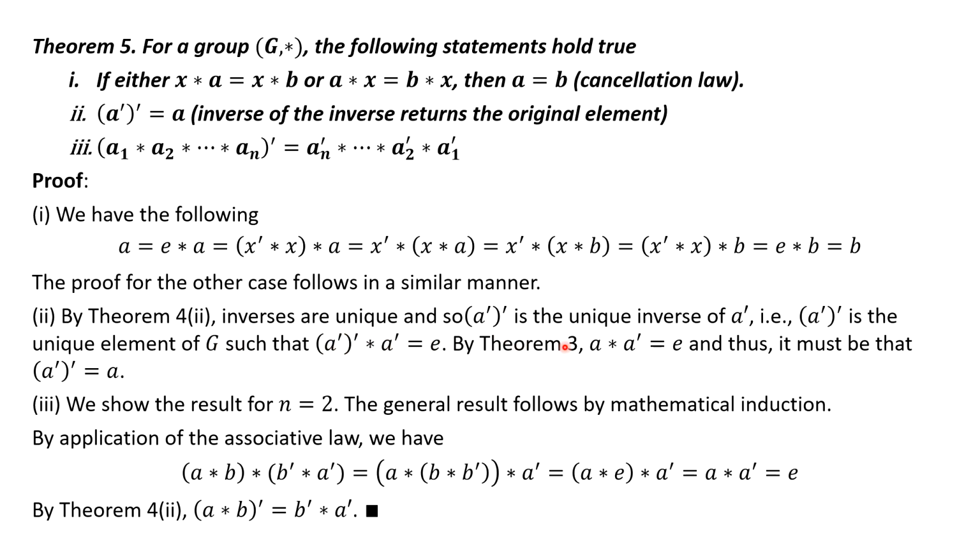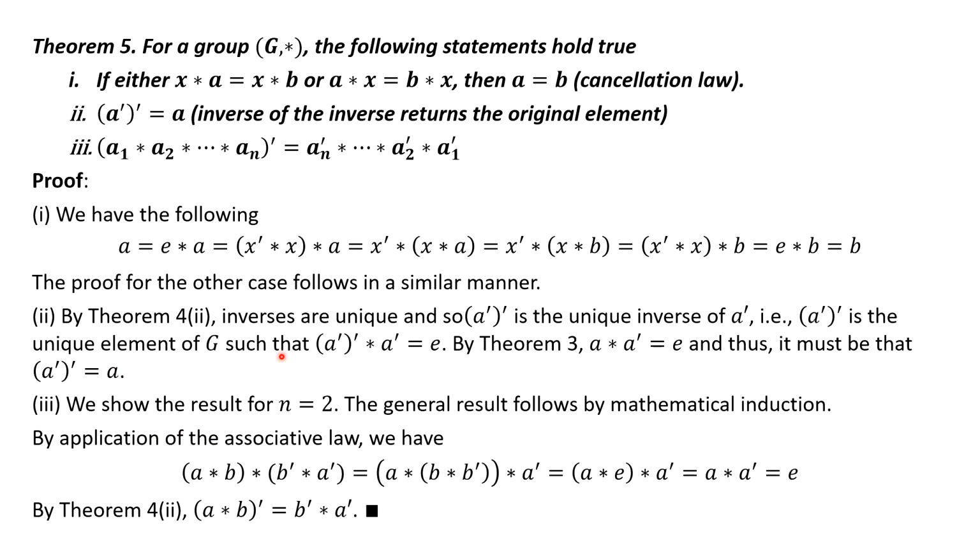But by theorem 3, we also have that A times A inverse equals the identity. So we have two different things multiplied times A inverse giving us the identity, which means that A has to equal the inverse of A inverse. That's by uniqueness. So that's what we have here, and that's what we wanted to prove.